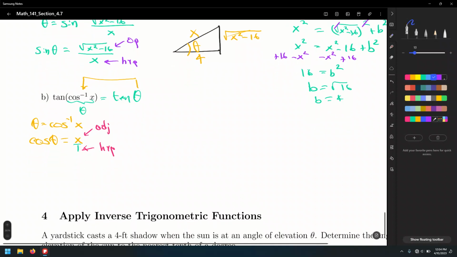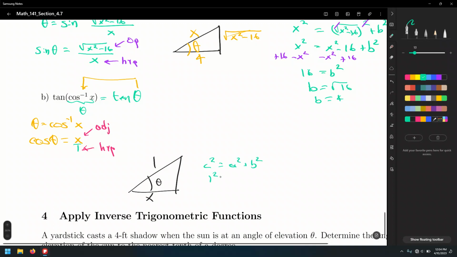Let's draw it. This is the reference angle theta, adjacent, which is x, over hypotenuse, which is 1. And we need to find the length of the missing side. That is c squared equals a squared plus b squared.